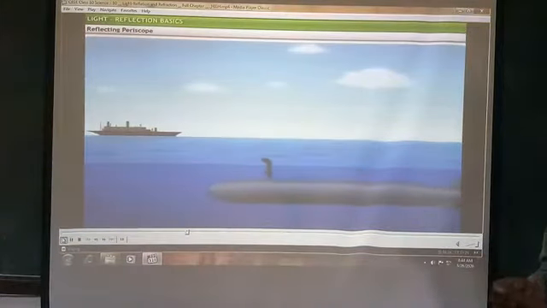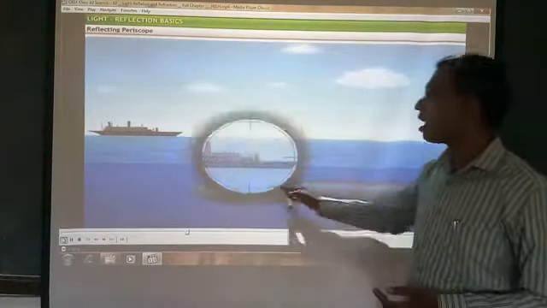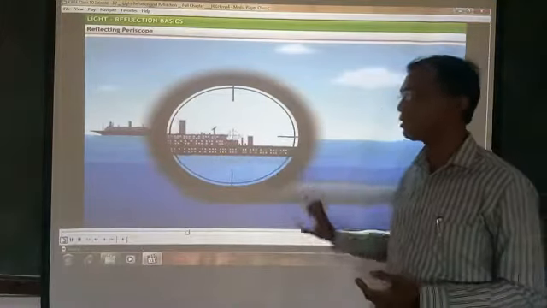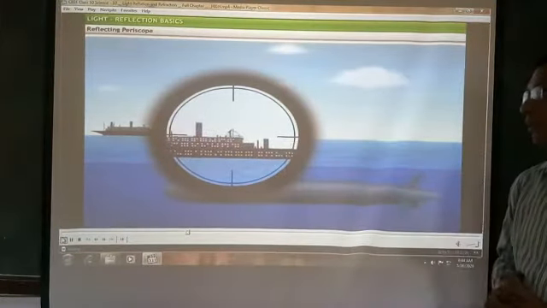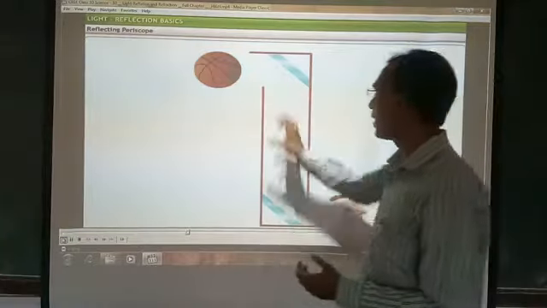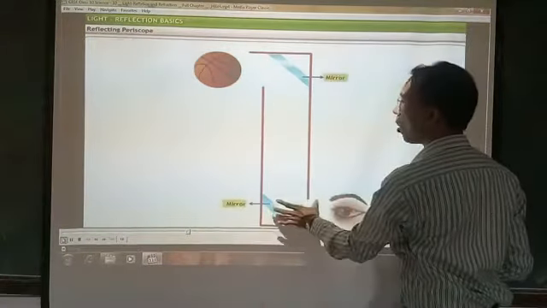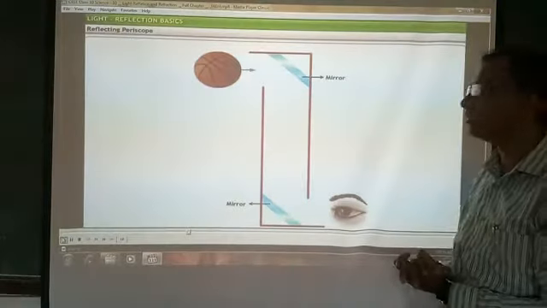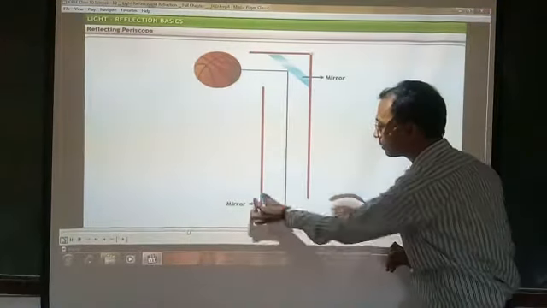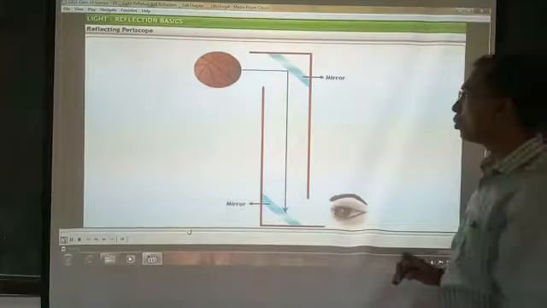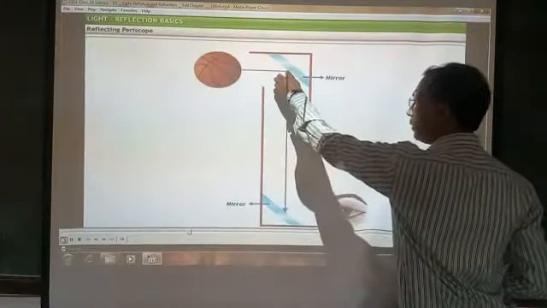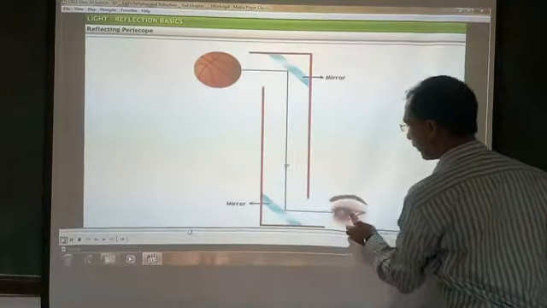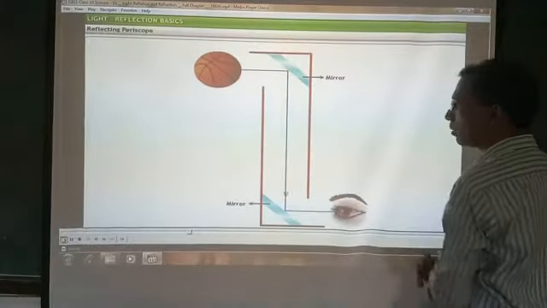We use the periscope for far distances, to observe submarines or a ship coming towards the edge. In a periscope there is a hollow tube, with one plane mirror kept at a certain angle and another mirror kept at a certain angle. So the incident ray from the object is reflected towards our eyes.